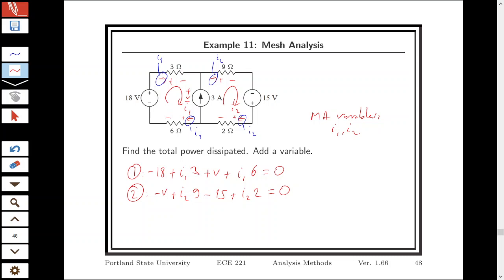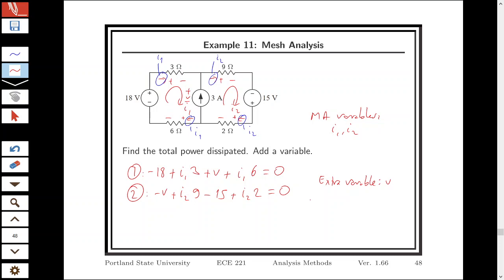However, we have this extra variable V, which is the voltage on the current source. So this means we need one more equation, because we have 3 unknowns, I1, I2, and V, but 2 equations.